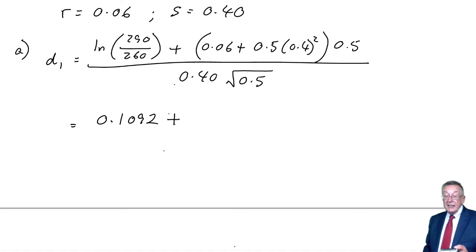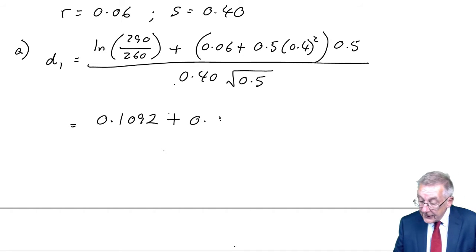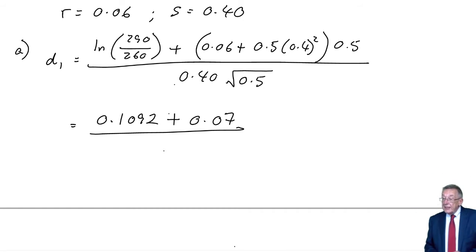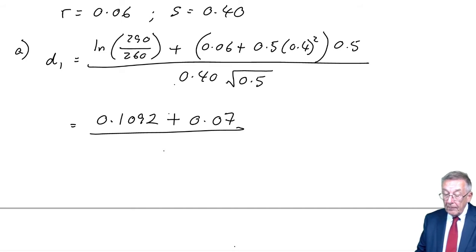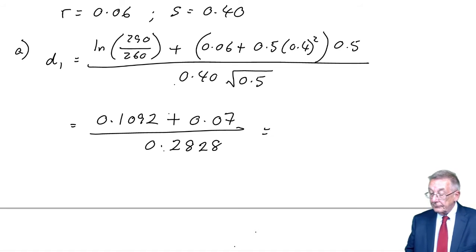So the bit in the bracket, I end up with 0.14 multiplied by 0.5. That's 0.07. Divide by, well, the square root of 0.5, it's 0.707 something, times 0.4, 0.2828.